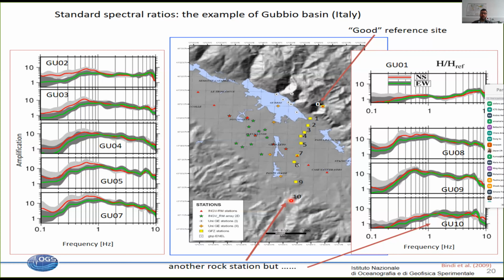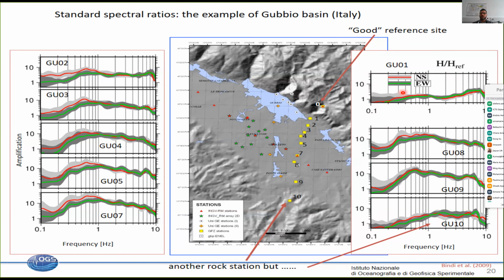And for each event, we have done exactly what I was discussing before. So we select the windows of signal, we calculate the Fourier transform, and we calculate the ratio between each one of these stations from 10 to 1 with respect to the station 0. And we can also do it for many earthquakes, and we took the average.